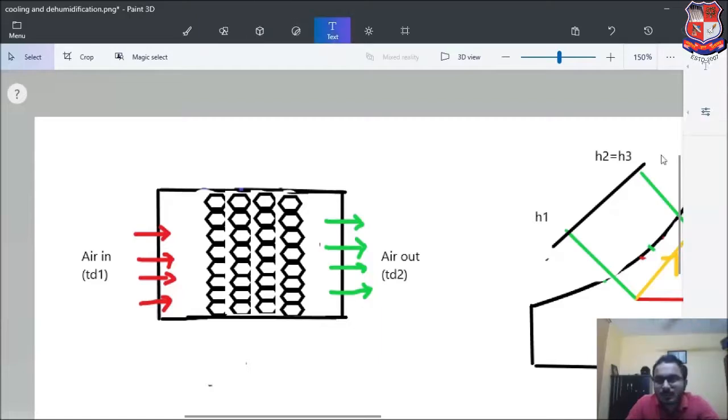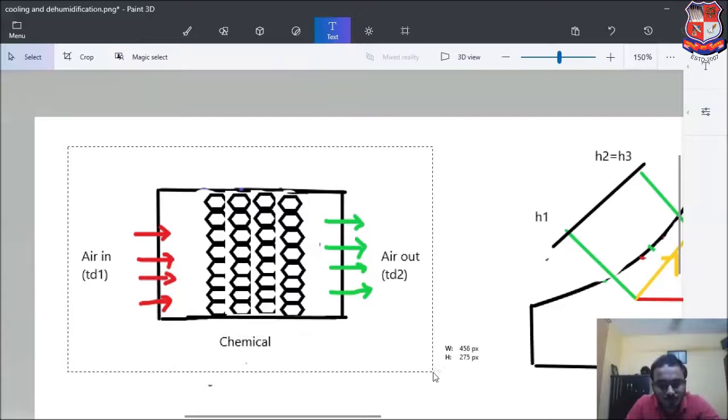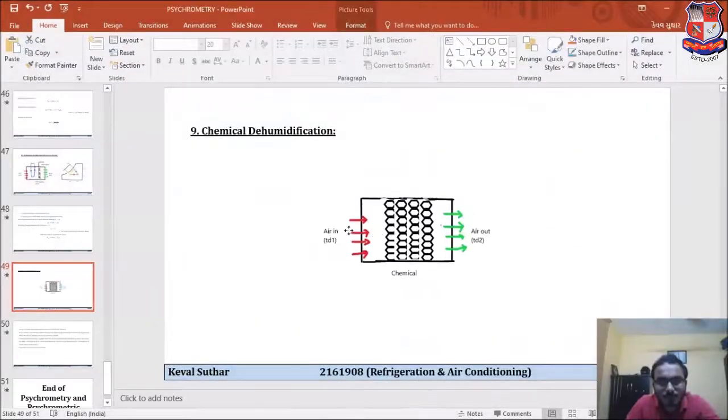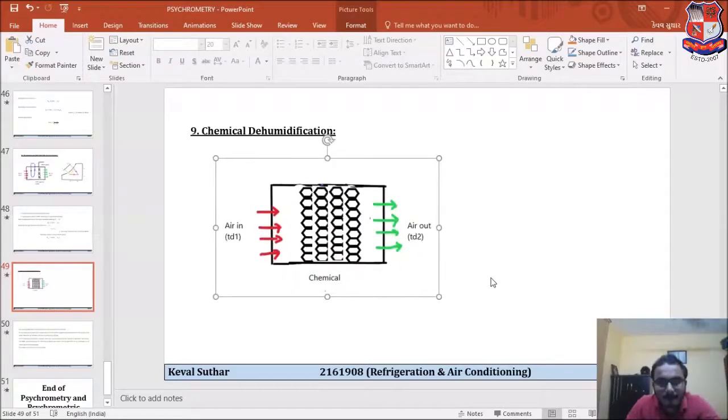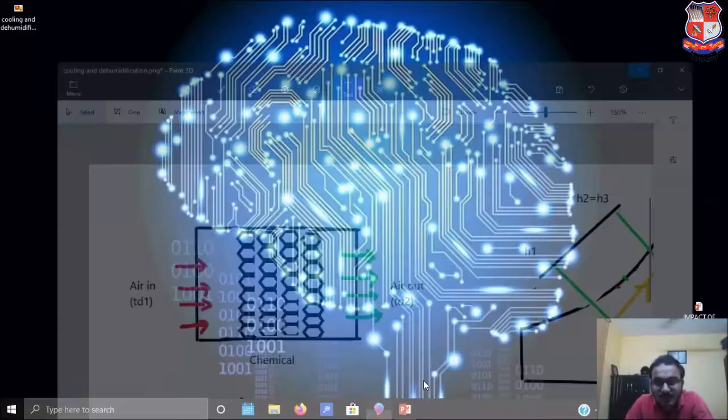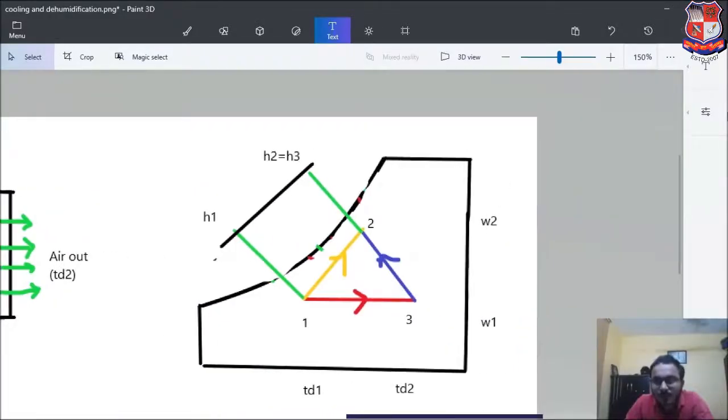So here this will be chemical. Okay, we can copy this. And as far as the process on the psychrometric chart is concerned, here we can erase this.